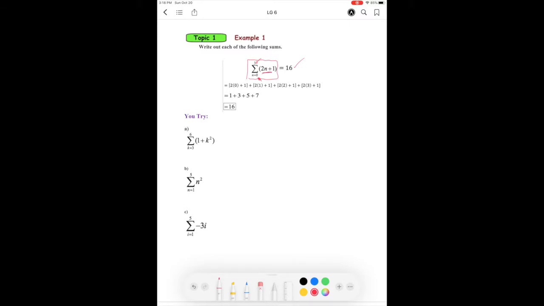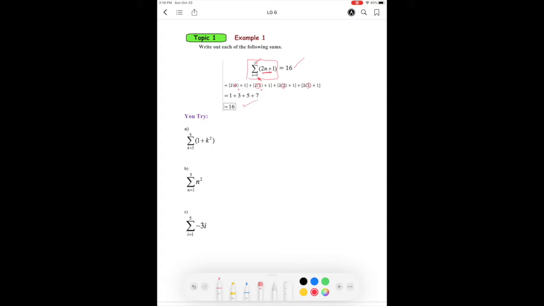And this is the equation. So all we're doing is just going, we start off at 0, so 0 goes there, and then plus 1. So we're just inserting these numbers. We got 0, and then we have 1, so 1 goes in there. Then we have 2, and then we have 3. So we put all those into our calculator, and that's how we get 16.